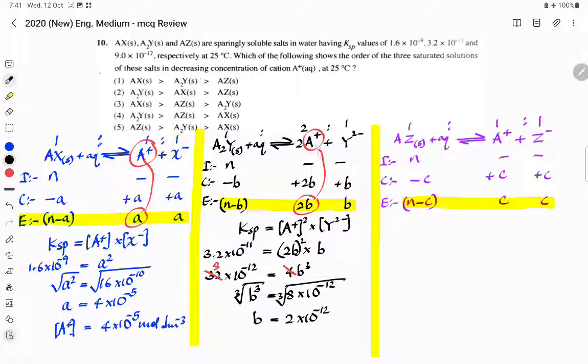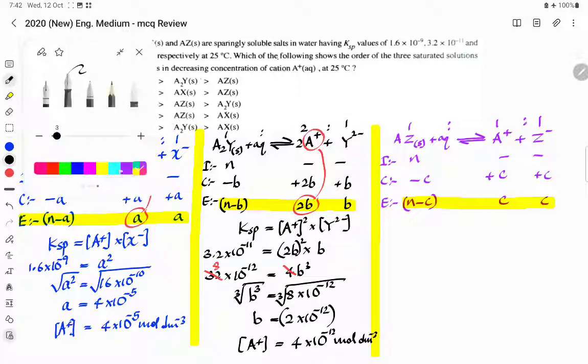Since the A+ concentration is equal to 2b, the A+ concentration here will be 2 times this one. Therefore 4 × 10^-12 moles per decimeter cube.